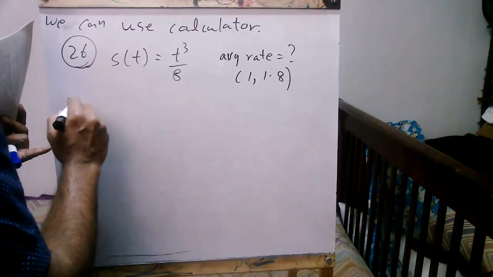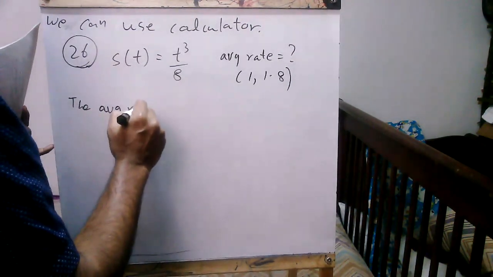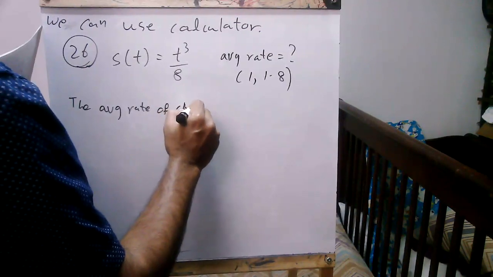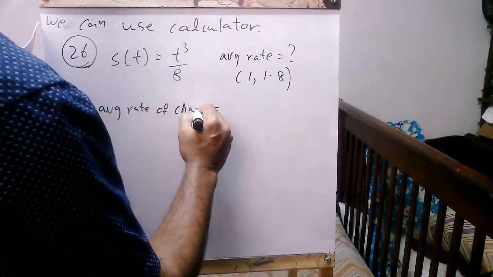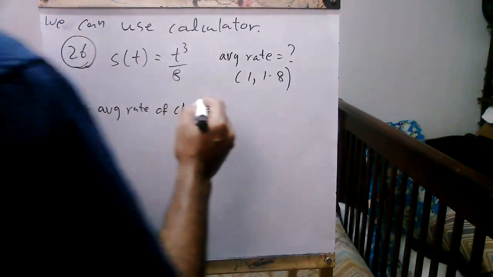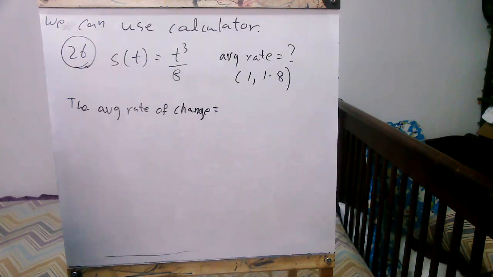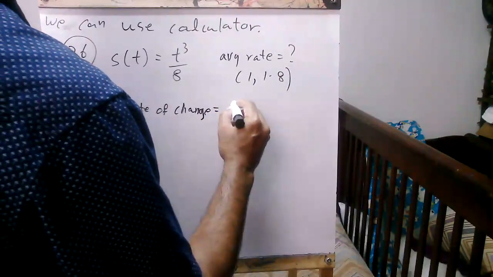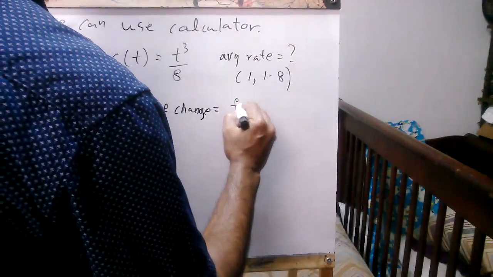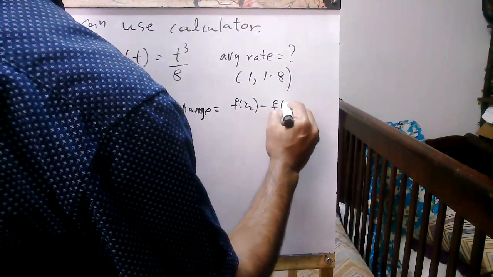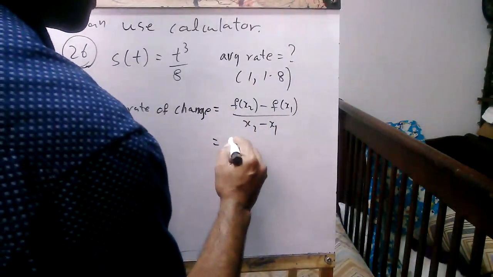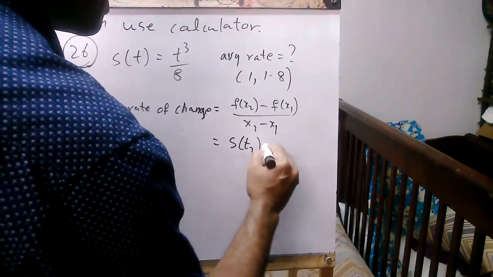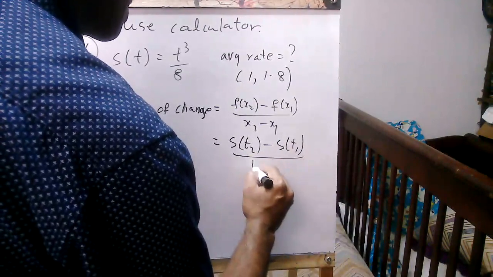We can say the average rate of change equals, this is the equation for that, f(x2) minus f(x1) divided by x2 minus x1, but here it is s, therefore it is s(t2) minus s(t1) divided by t2 minus t1.